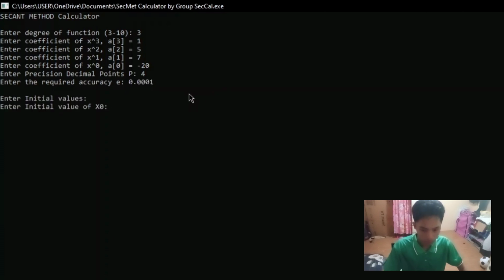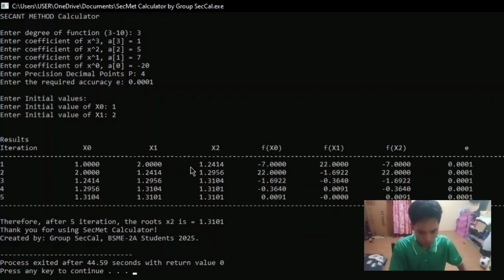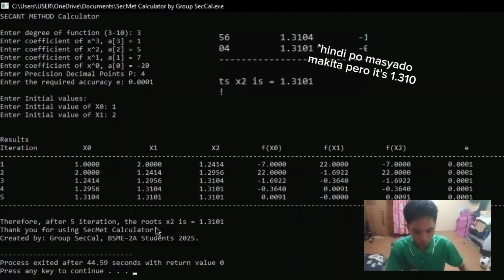Then enter the initial values. Our x1 is 1, and then our x2 is 2. So the answer: after 5 iterations, the root x1 is 1.3101. I made a mistake in the input label, but the root x1 is 1.3101.